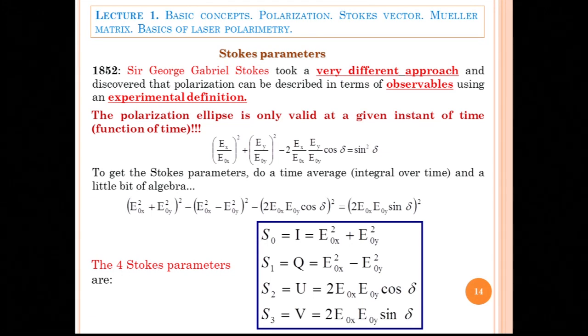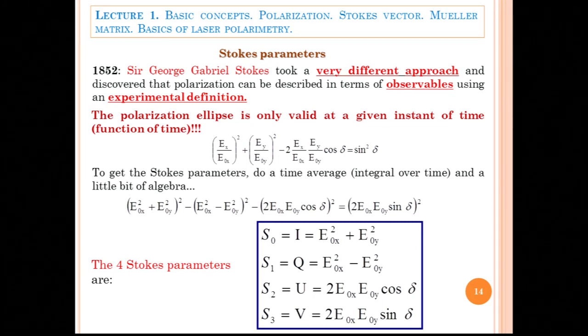Why? Because the polarization ellipse itself is only valid for a given instant of time. This ellipse is a function of time; with time, it will change. To get the Stokes parameters, firstly one does a time average, an integral over time, and a little bit of algebra, and one can obtain this equation.